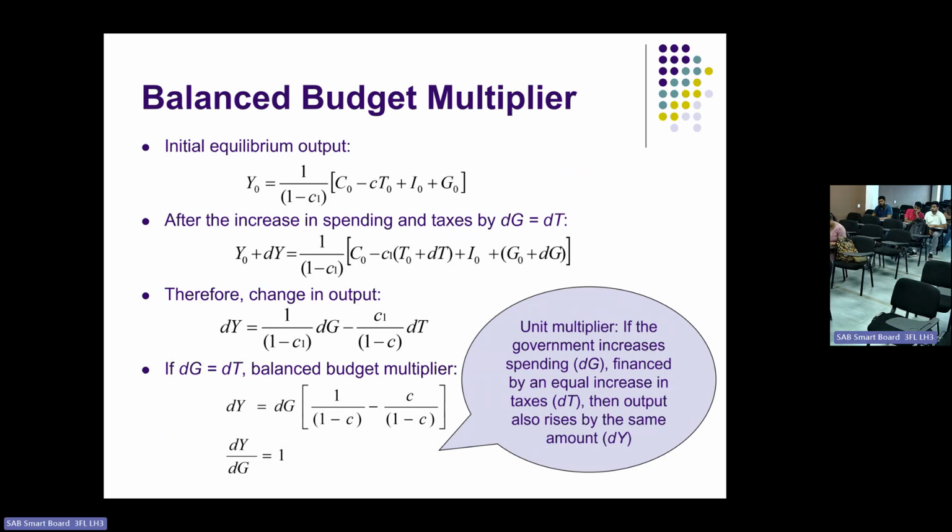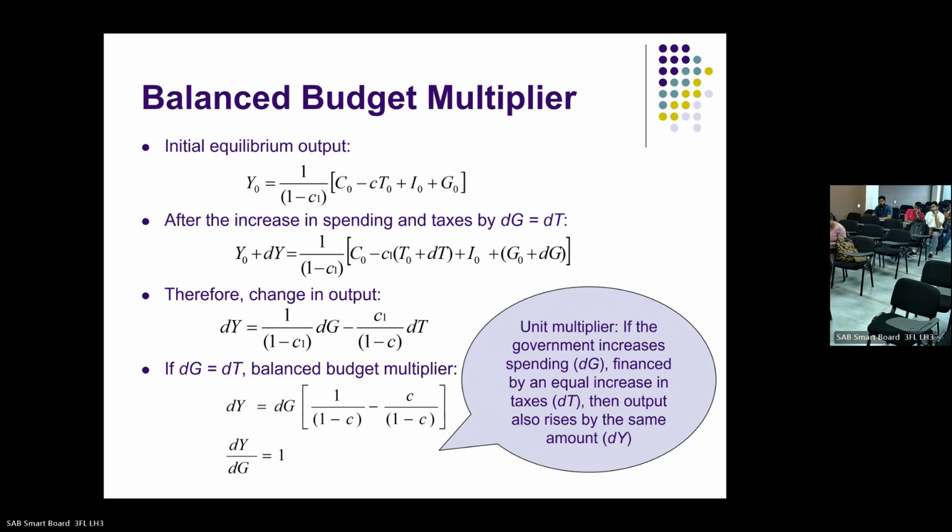But if we increase the taxes, there will be a negative impact. That's why the expenditure multiplier is positive and the tax multiplier negative. But in this case, without any budgetary impact, the government has the opportunity to raise the national income.